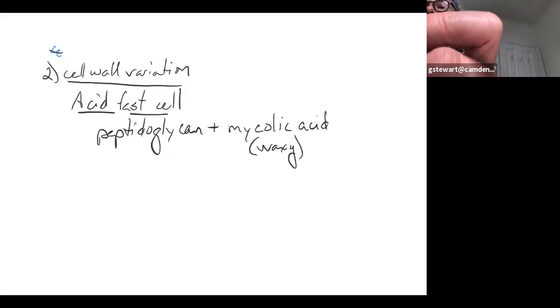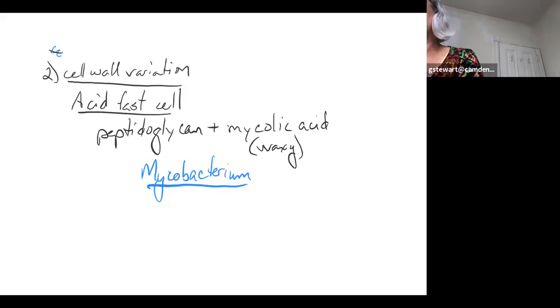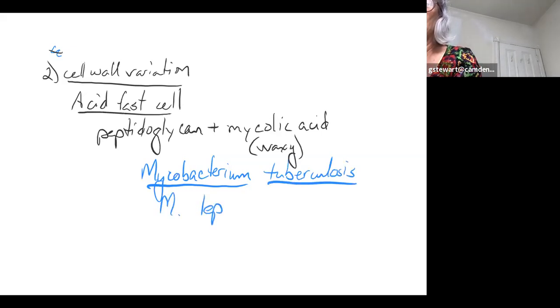And why we're interested in this kind of cell wall is because a major bacteria causes major disease, Mycobacterium tuberculosis, or Mycobacterium leprae.